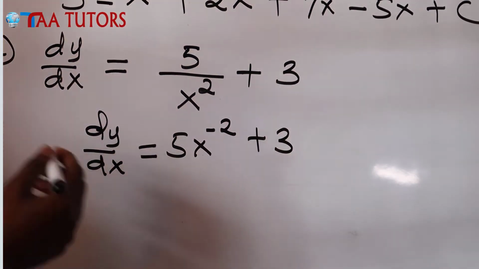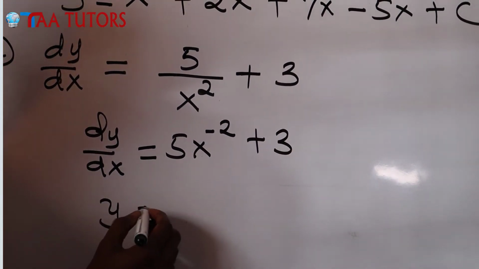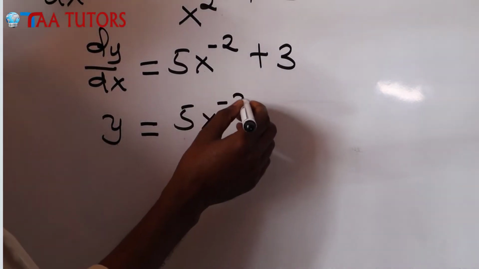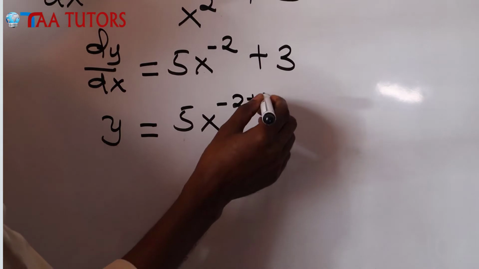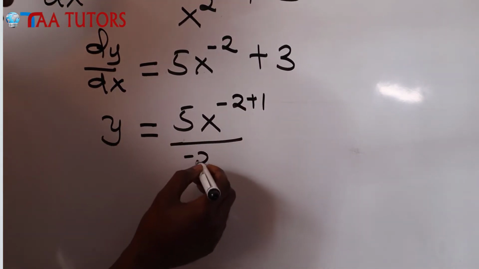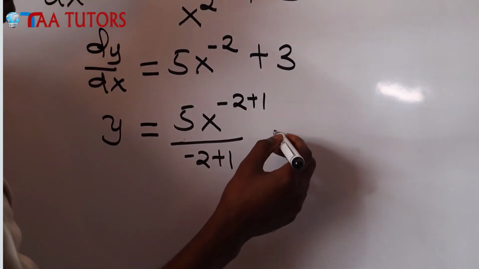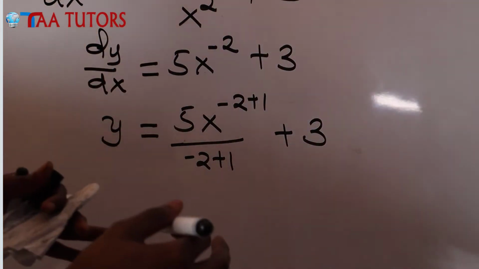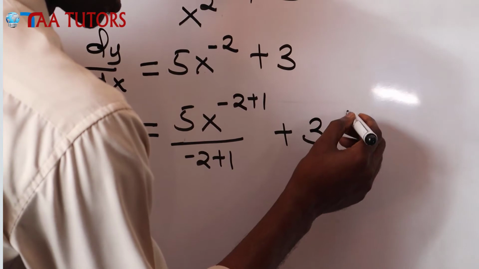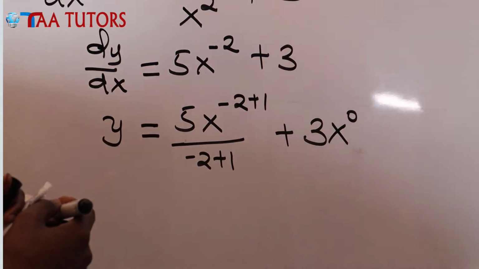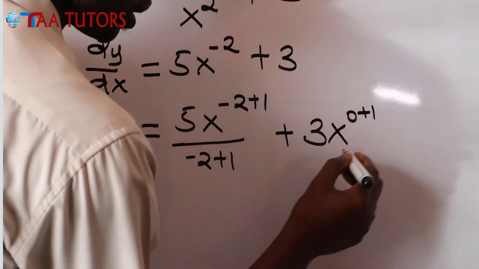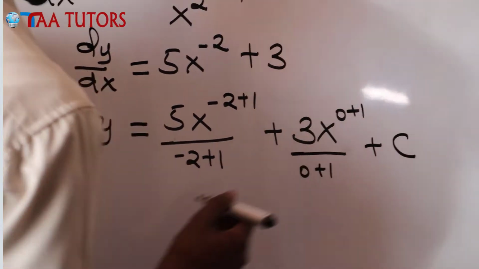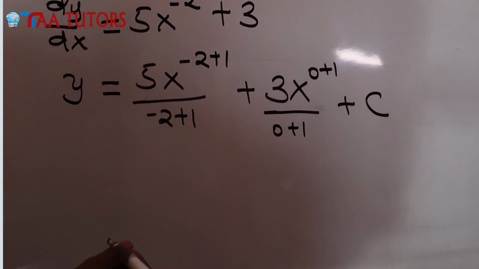So if we integrate this one, we are going to say y will be 5x power negative 2 plus 1 over negative 2 plus 1, then plus, if you have now a constant, it's the same as that constant times x power 0. So I'll say plus 3x power 0 plus 1 over 0 plus 1, plus c, because there must be an arbitrary constant there.